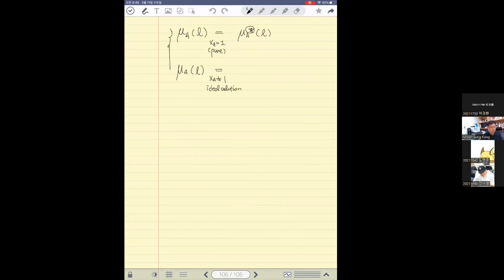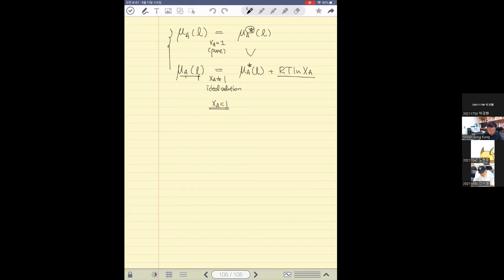ideal solution follows Raoult's law, and therefore the chemical potential of A in the liquid phase in the mixture is going to be the chemical potential of A liquid star plus RT log XA. That's what we've learned, right? If you have a mixture, we know that XA is less than 1, no matter what. That's going to be a negative value, no matter what.